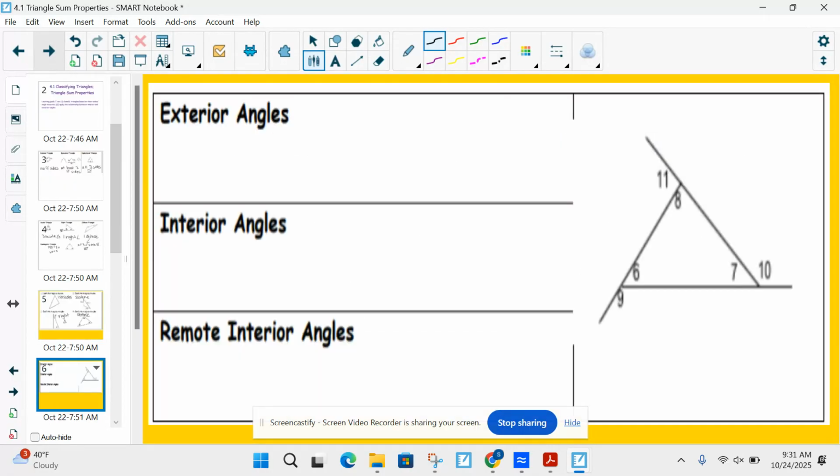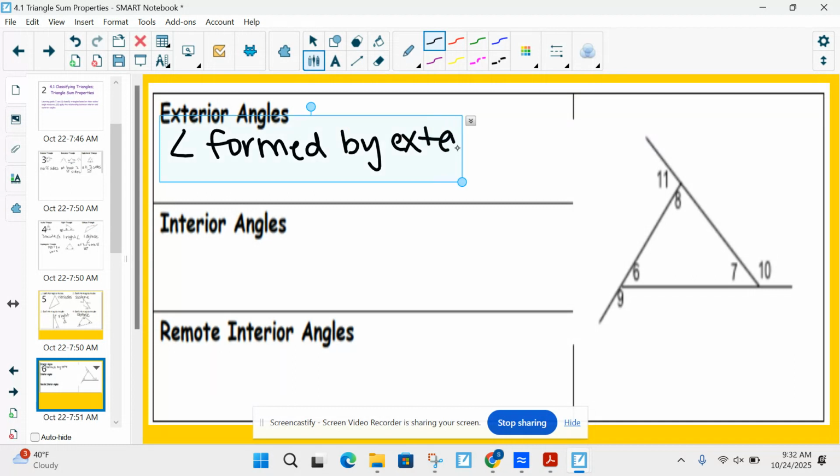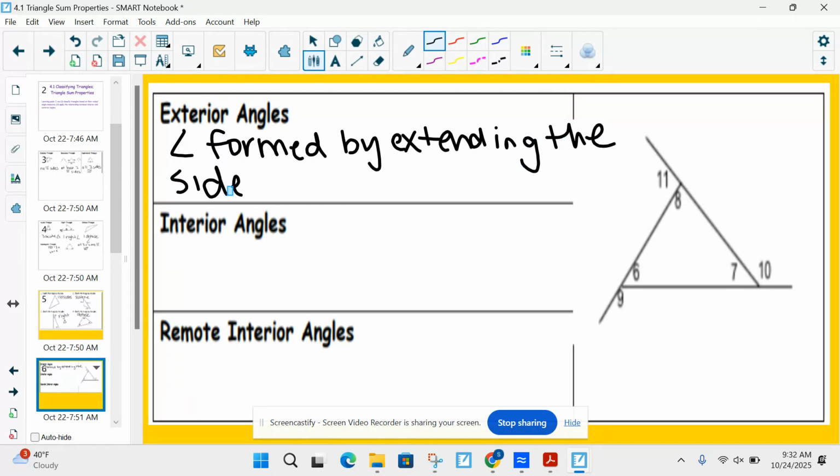Gavin, you got that? Exterior angle. So we talked a little bit about this when we were doing the test review. An exterior angle is an angle formed by extending the sides, and it forms a linear pair with an interior angle.